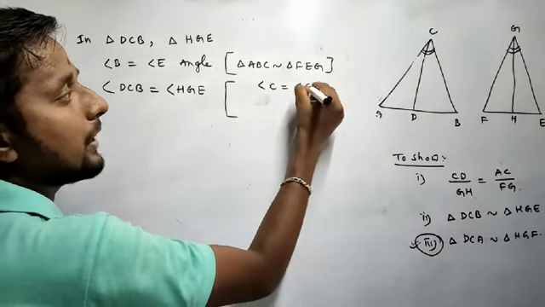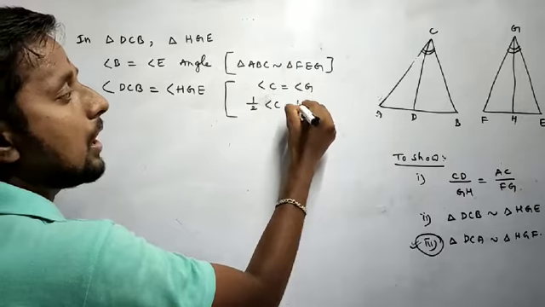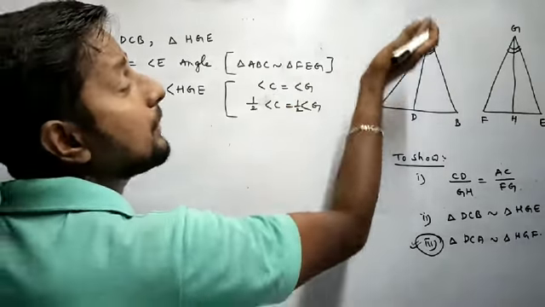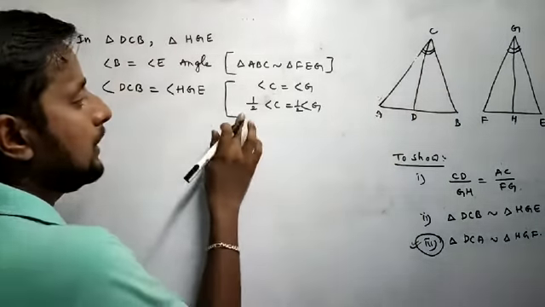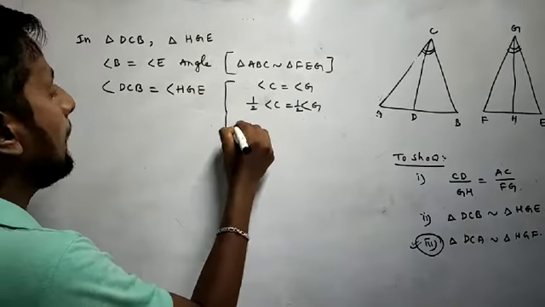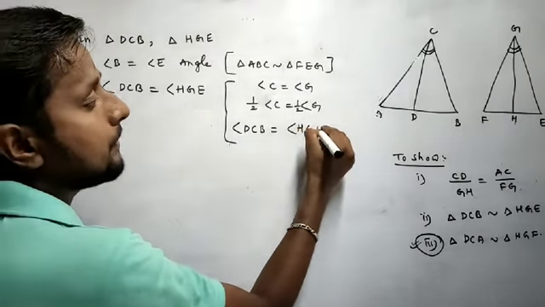because I already said angle C is equal to angle G. Then half of angle C is equal to half of angle G. The first problem we discussed was the first half; now I am talking about the second half. So angle DCB is equal to angle HGE.